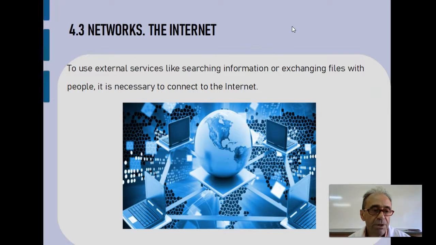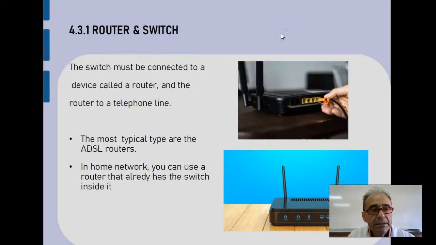And when we want to share information, not only with the computers that we have close to us, but also with any computer in the world, what we use is the network of networks, that is the internet. An interesting element to know regarding networks is the router.